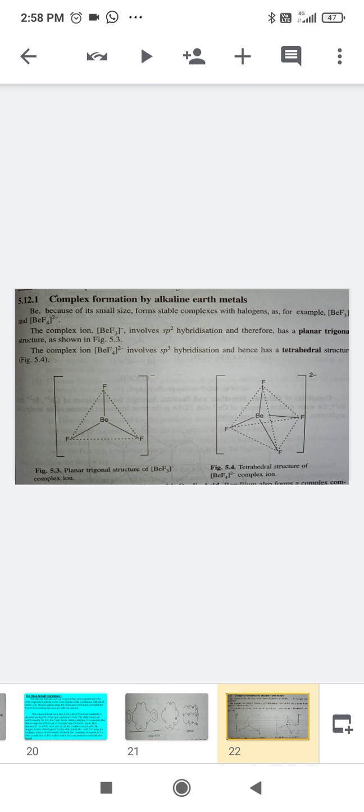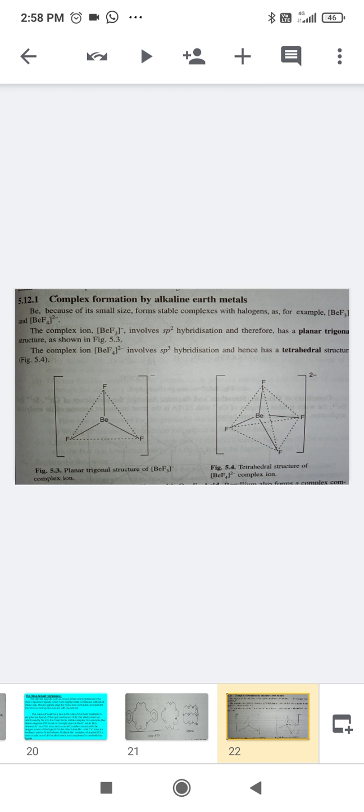Now we shall see the complex formation with respect to alkaline earth metals. Beryllium, because of its small size, forms stable complexes with halogens, for example beryllium trifluoride and beryllium tetrafluoride. The complex ion beryllium trifluoride involves sp2 hybridization and therefore has a planar trigonal structure as shown in figure 5.3 below.